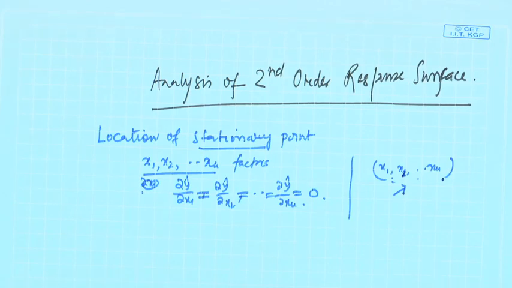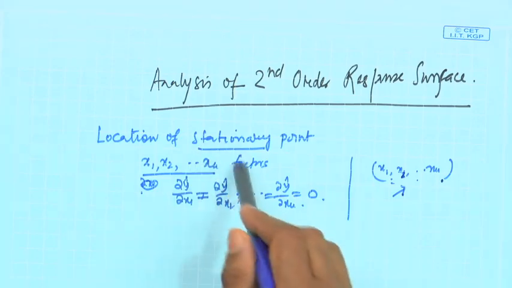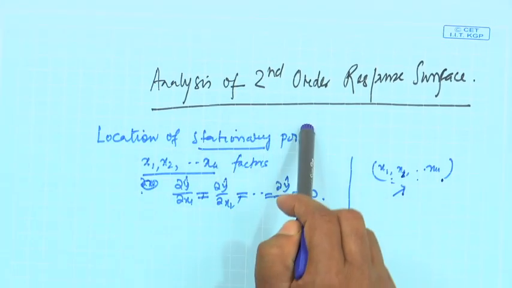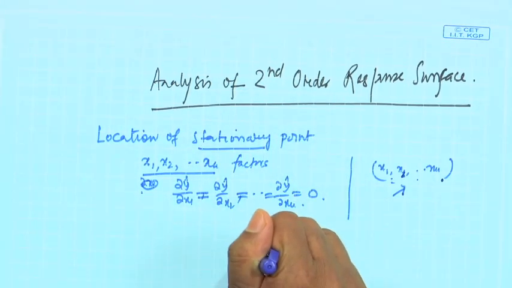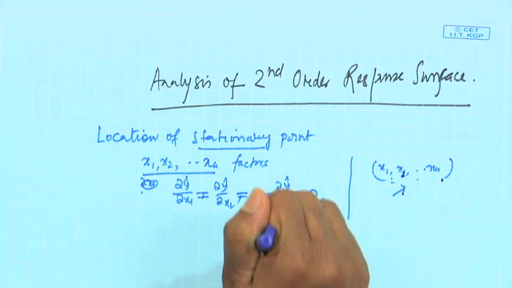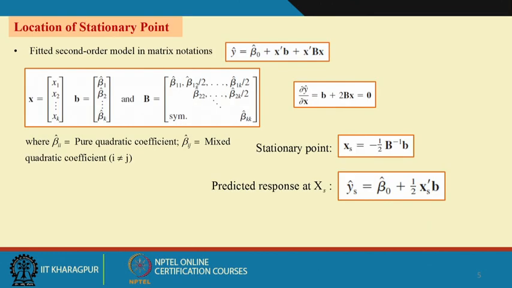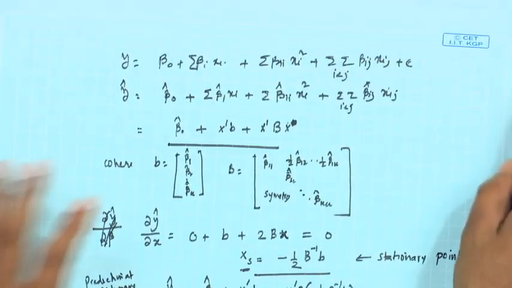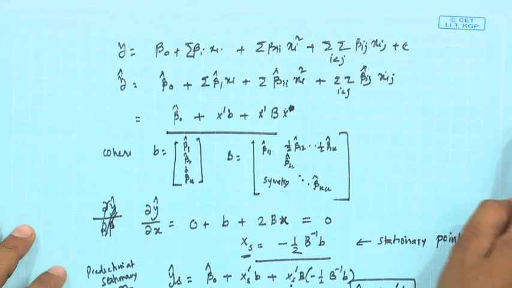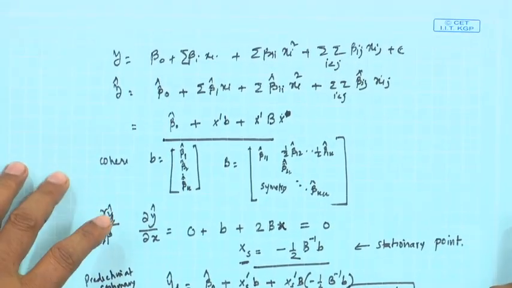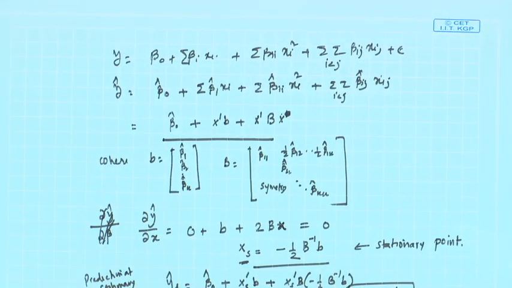So, you have to first find out the stationary point, and then what is the nature of the stationary point, whether it is a point of minimum or point of maximum or a saddle point, where it is not a point of maximum or minimum, it is a saddle point. Okay. So, now let us see how we find out the location of the stationary point and the related computation.